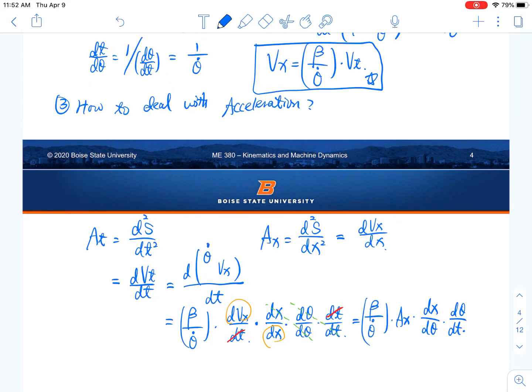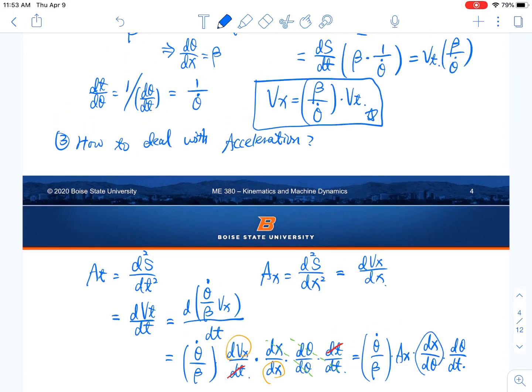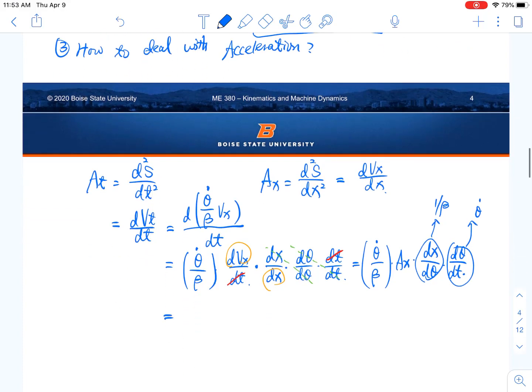So that's actually theta dot over beta, and the same thing, that should be theta dot over beta. And then let's look at here, dx d theta, that's just 1 over beta, and d theta dt, that's just theta dot. So by replacing these terms, you're going to have theta dot over beta square ax equals at.